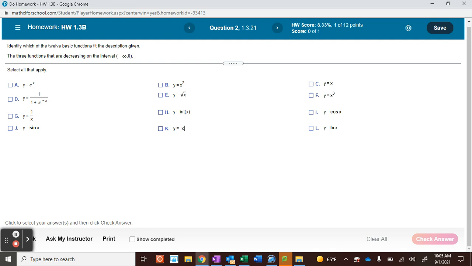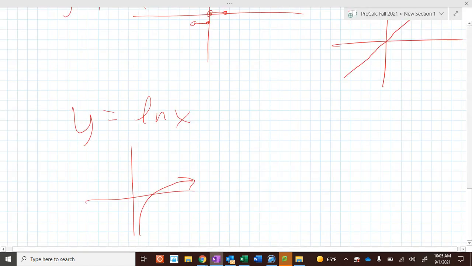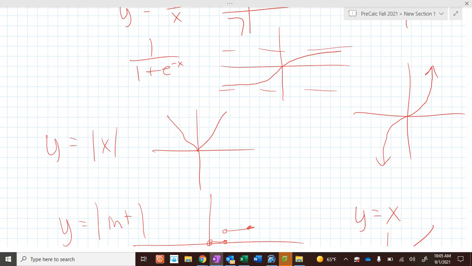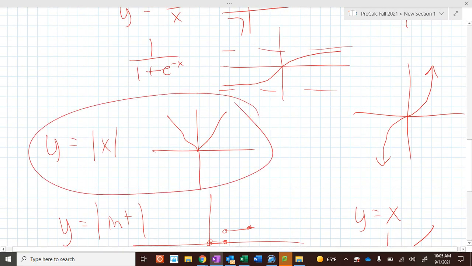You'll ask some questions about the functions that are decreasing over the interval of negative infinity to 0. So then you just look at your functions, and you can grab a book if you need to today when you're doing this. You look at your functions, see, well, this one is decreasing from negative infinity to 0 because it's always going down from left to right until you get to 0.